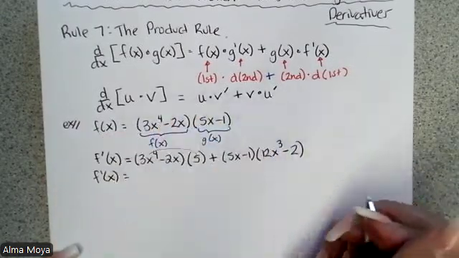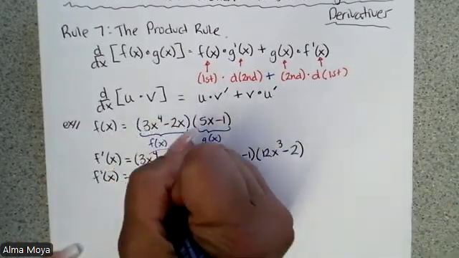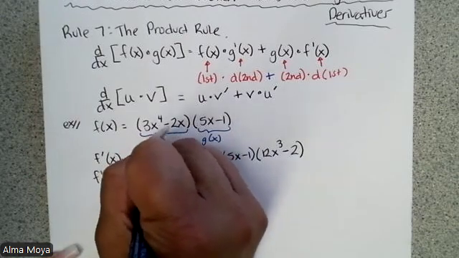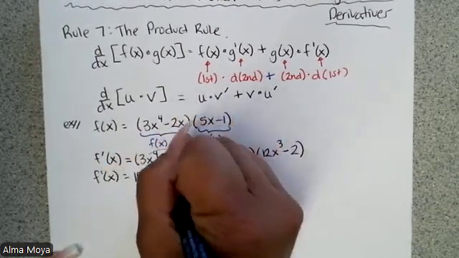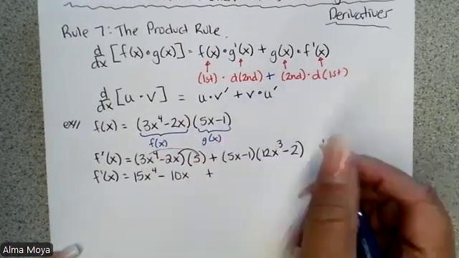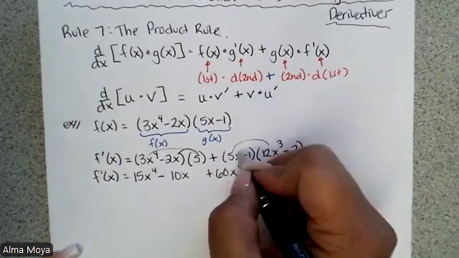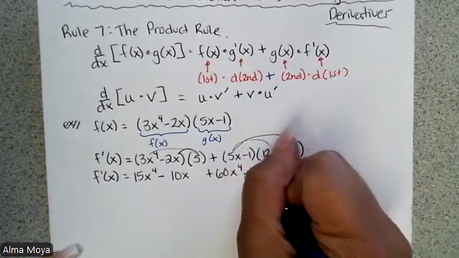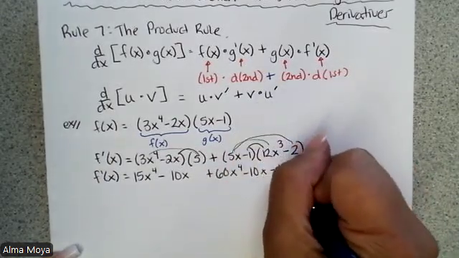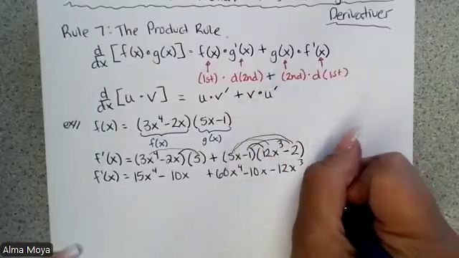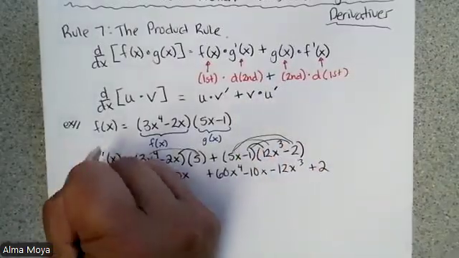So 5 times 3x to the 4th power is going to be 15x to the 4th minus 10x plus, that's going to be a 60x to the 4 minus 10x minus 12x to the 3rd plus 2.